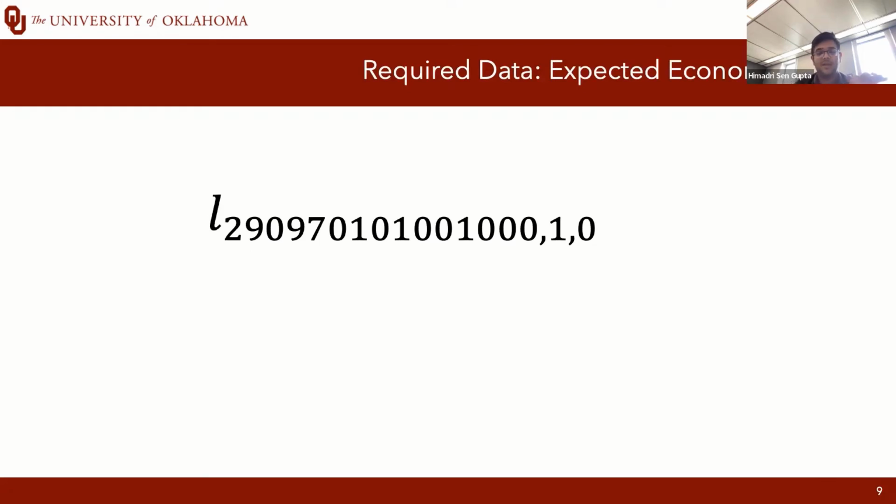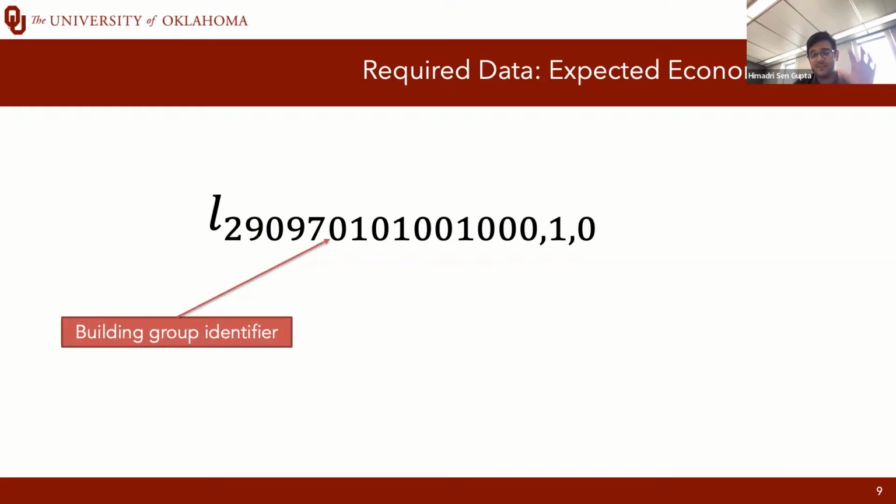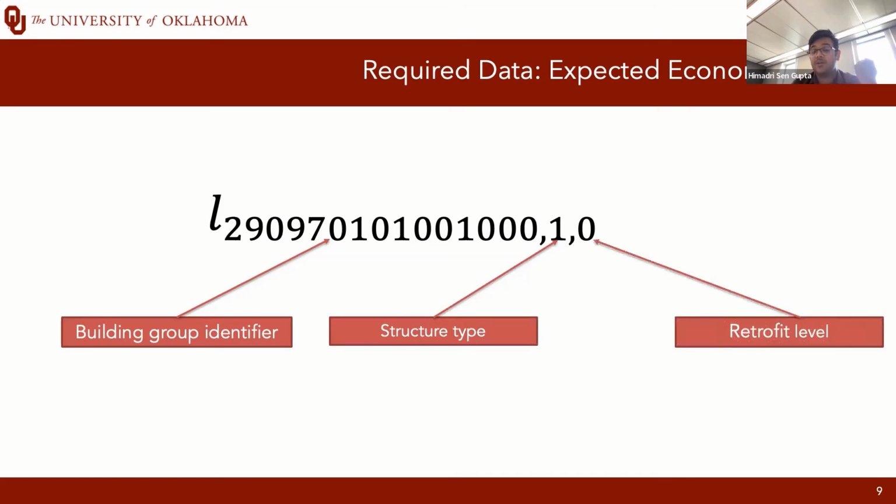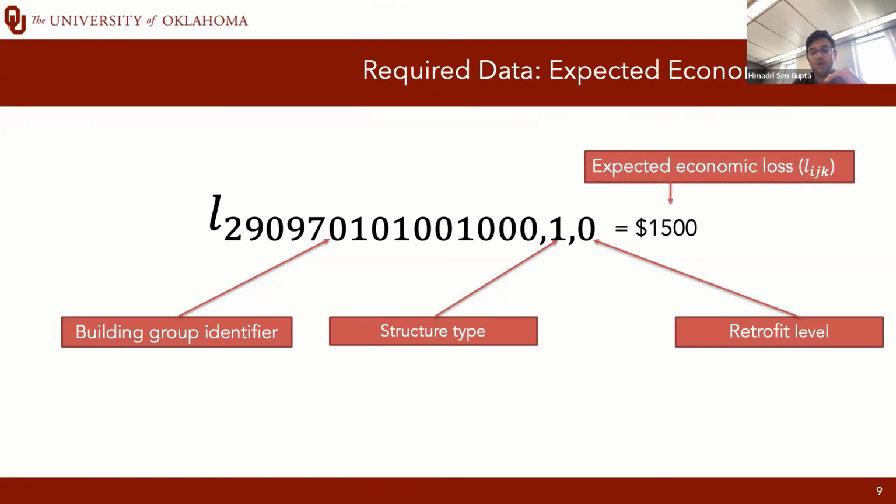So this is the expected loss, where in the first index I'm considering the block ID, say for Joplin, and then the structure type, and then I will need the retrofit level. And after considering all these indices, I will go for my expected economic loss.